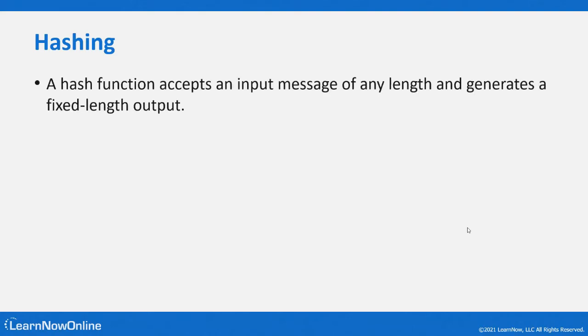To do so, we need to use something called hashing. Hashing accepts an input message of any length, and it generates a fixed length output. Meaning if you only type in a few characters, you may get a fixed output of 256 scrambled up characters. Also, if you enter in 1,000,000 characters, that's also going to go down to 256 character output.